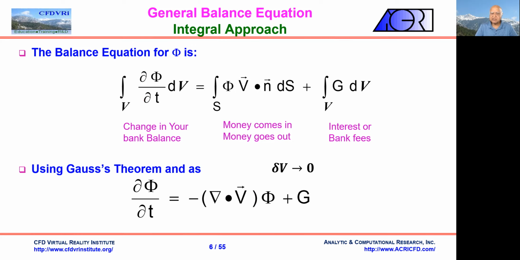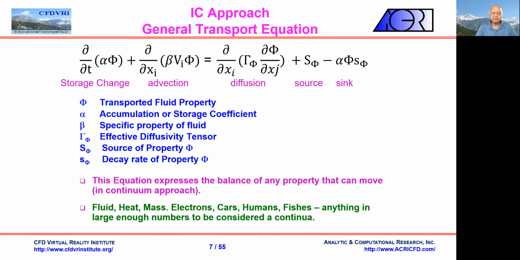And finally, there is the source term, which is like the interest or the bank fees. And if G is the source, then over the control volume, we can take an integral. Now, if we use Gauss theorem, this equation simplifies into d phi by dt is minus del dot V times the property phi that is transported plus the generation term.